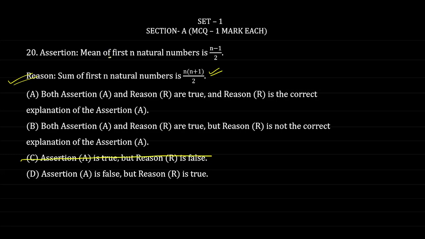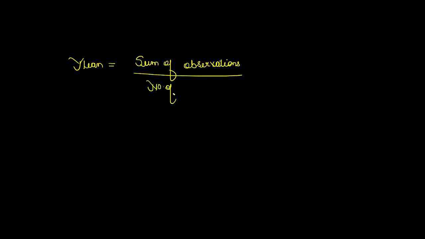Now let's see the first one: mean of first n natural numbers is n minus 1 divided by 2. Let's check this here. Mean or average is calculated by the sum of observations divided by the number of observations. Now, for the sum of observations, we have just seen that the sum of first n natural numbers is given by this.